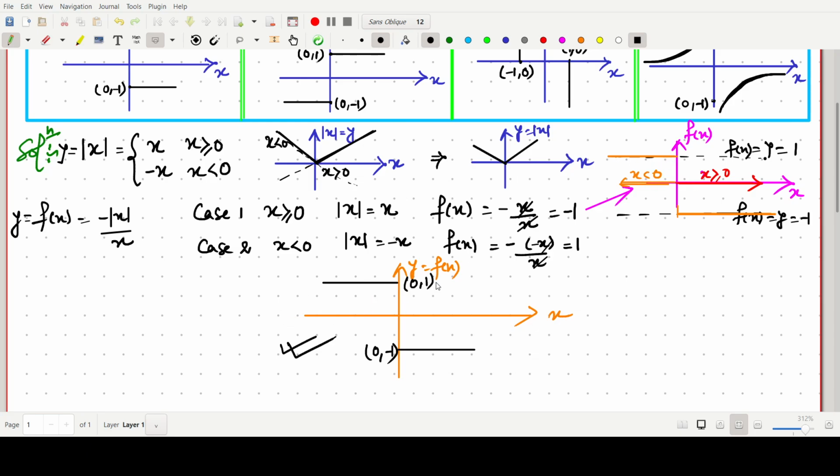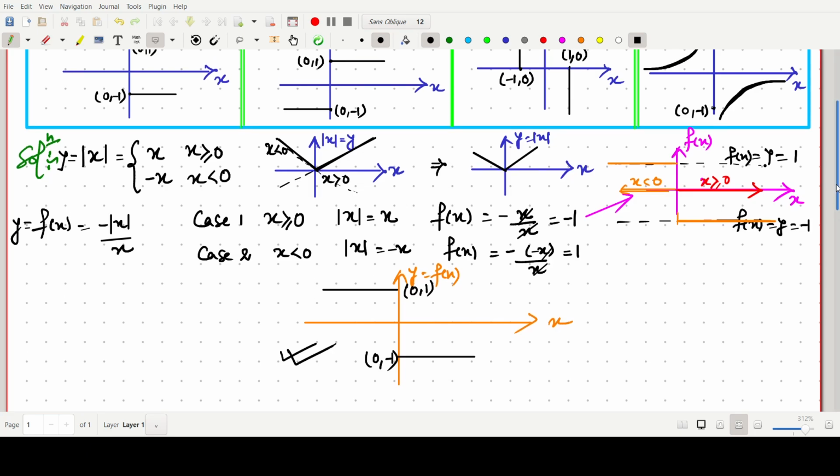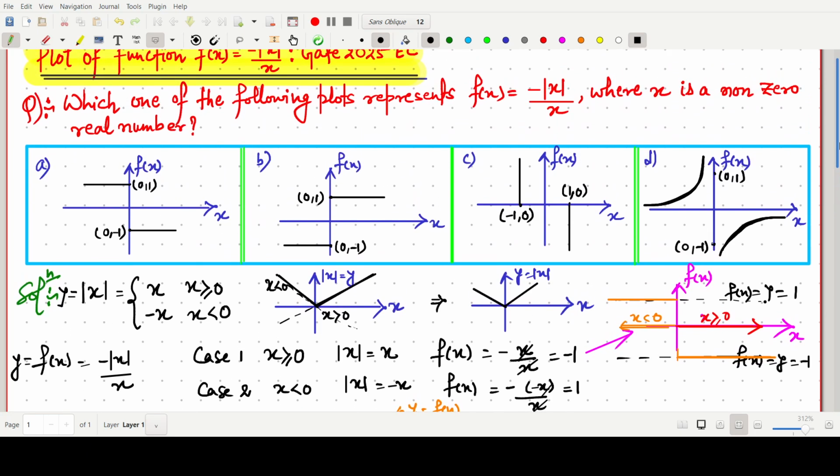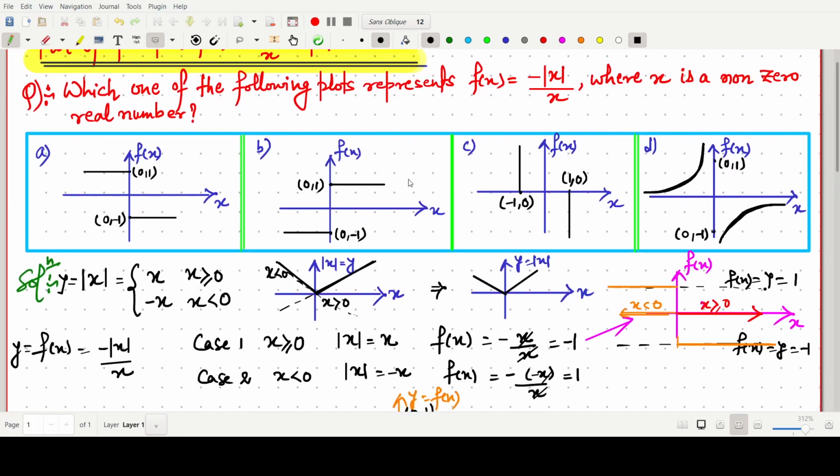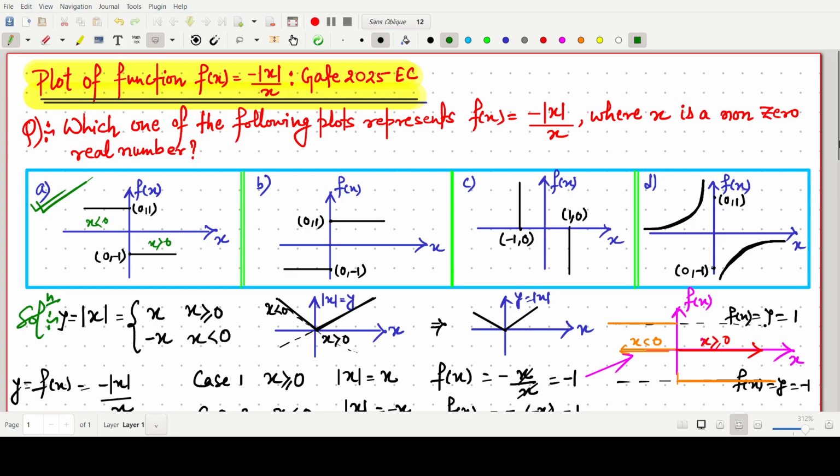So from the above diagram we can say this is the correct one, for x less than 0 and x greater than 0. This is the GATE 2025 EC question, and this is all about this question. So option A is the correct one.